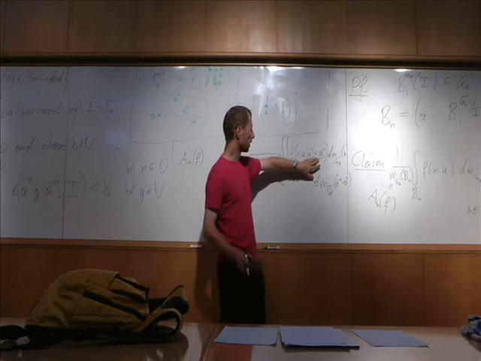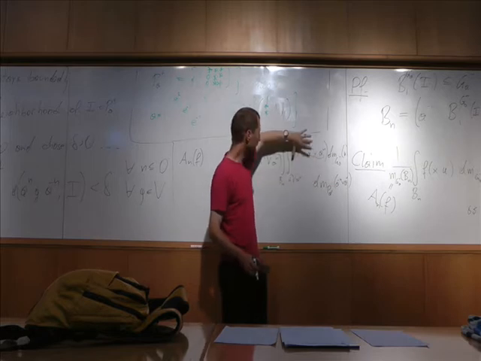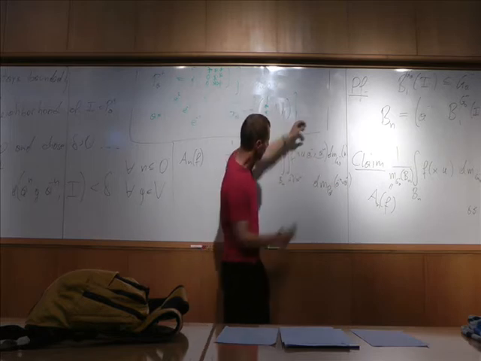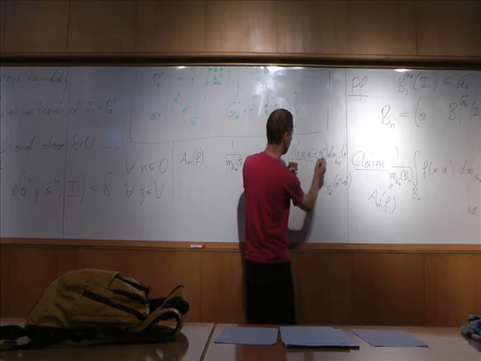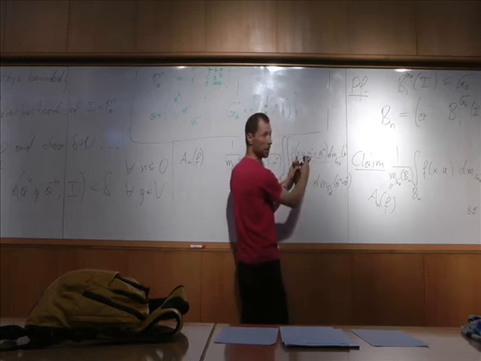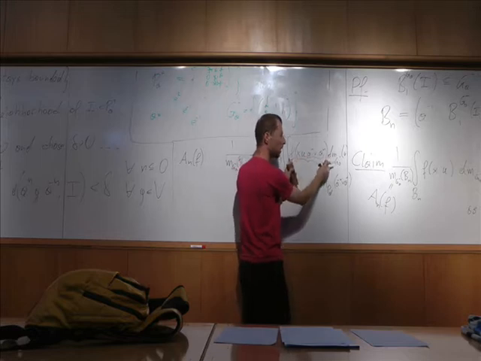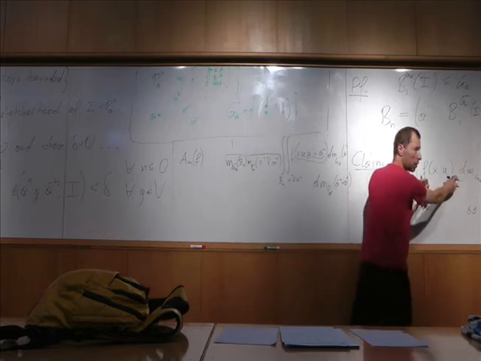But what do I know about this? I know that this is delta close to the identity, which means that the whole element here is delta close to that element. Which means that the value of the function is epsilon close to the value of this function.